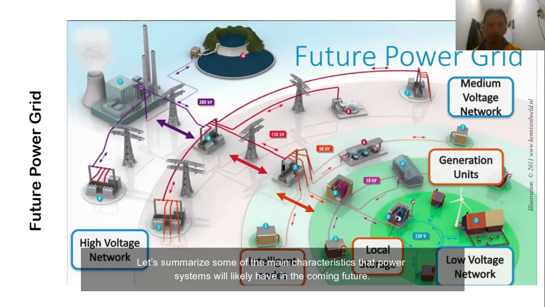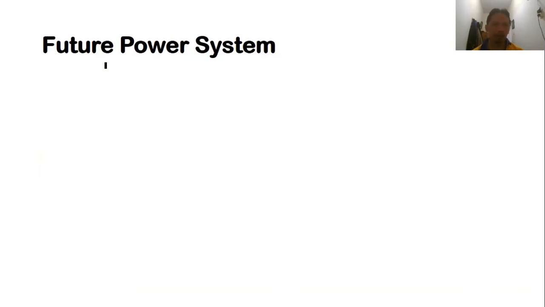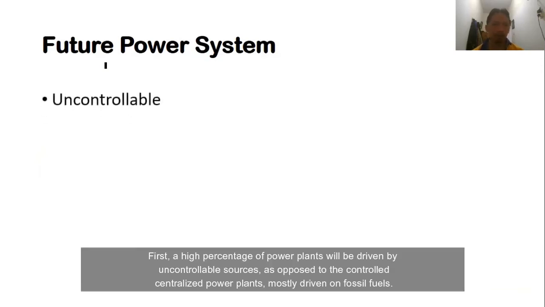Let us summarize some of the main characteristics that the power system will likely have in the coming future. First, a high percentage of power plants will be driven by uncontrollable sources, as opposed to the controlled centralized power plants that are mostly driven by fossil fuels.